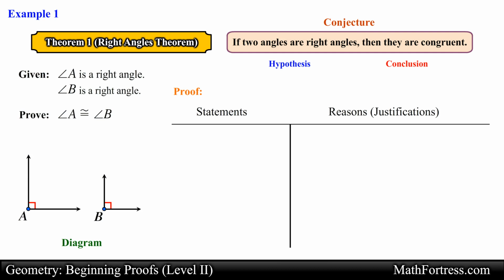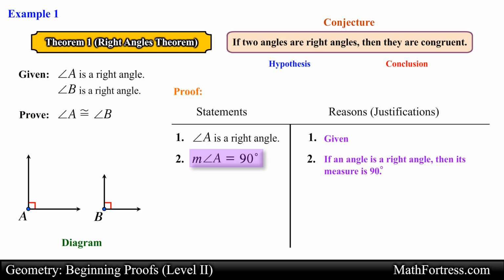Similar to an algebraic proof, we usually start with the given information. In this case, we are given that angle A is a right angle. The reason for this first statement is simply that it is given. Next, we write that the measure of angle A is equal to 90 degrees. The reason for this statement is because of the definition of right angles.